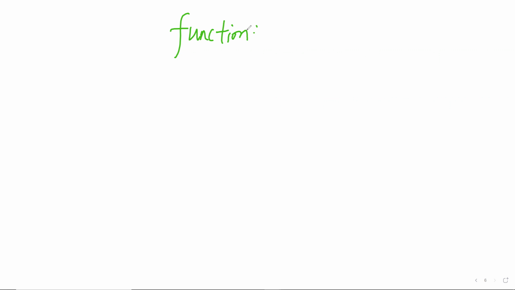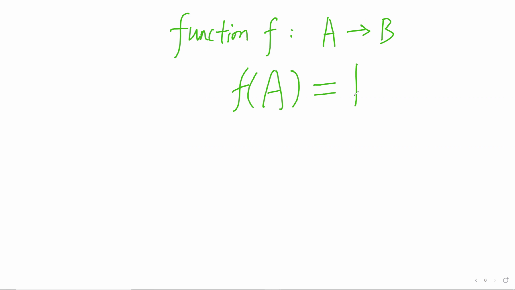If a function f maps set A to B, suppose f(A) is equal to B, not just a proper subset of B, which means every element in B has some element in A that maps to it.